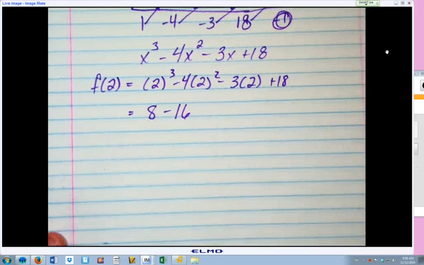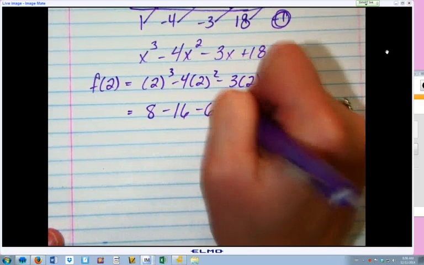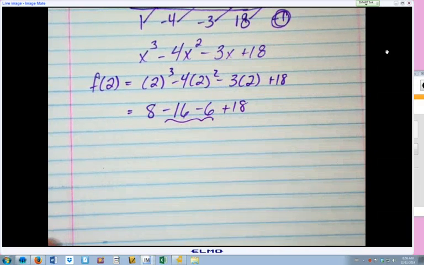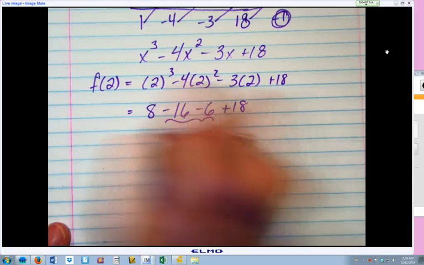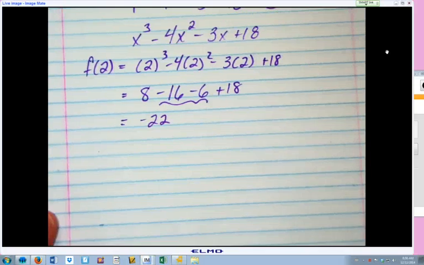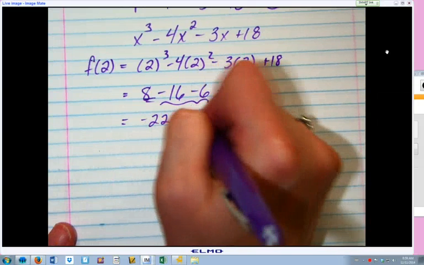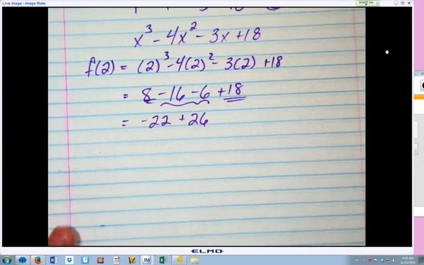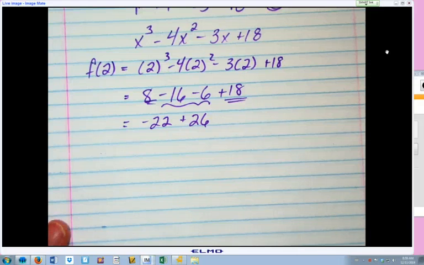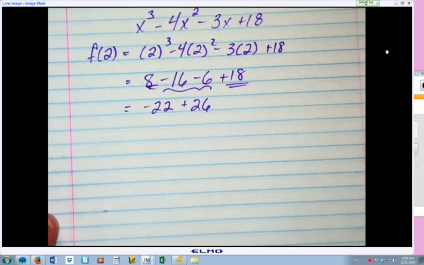Okay. 3 times negative 2. And plus 18. Okay, so I always put the negatives together first. I don't know why, just the way my brain works. Minus 22, I heard somebody say. 8 plus 18. And then we're kind of sad. What does that tell us about 2? Not a factor. Okay, what else would you like to try?